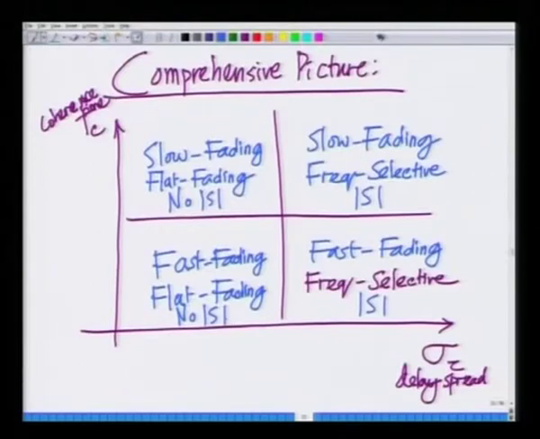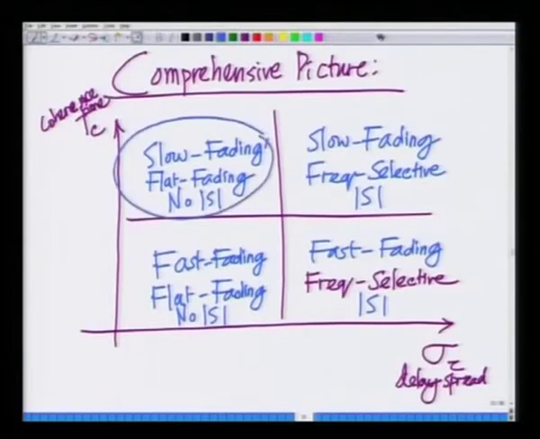So, now we have a comprehensive picture. For instance, let us look at this quadrant. In this quadrant, the delay spread is high, but the coherence time is low, hence the channel is frequency selective, results in intersymbol interference, and it is fast fading because the coherence time is low. Look at this quadrant.